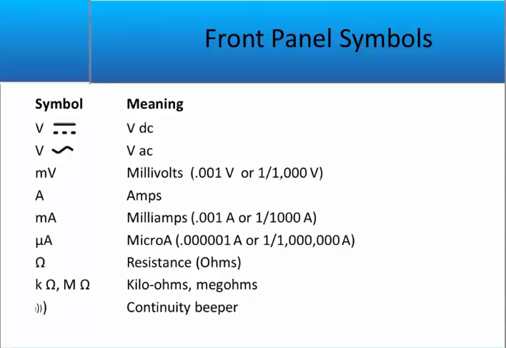Then the millivolt reading, the ammeter in both milliamps as well as microamps, and the ohms symbol signifying resistance. One which is very specific to types of instruments, and may not always be available in all instruments, is the continuity checker.